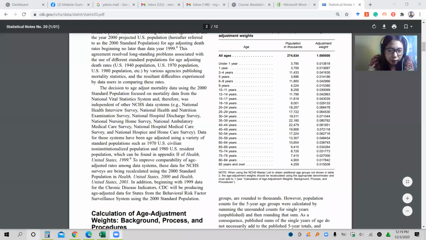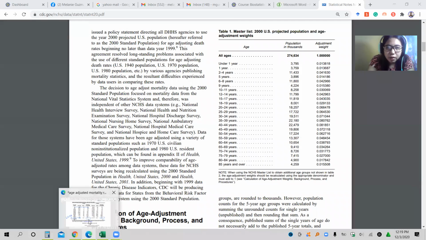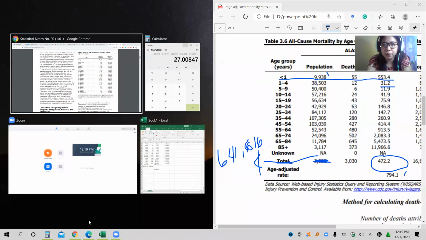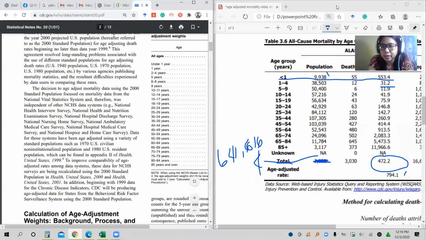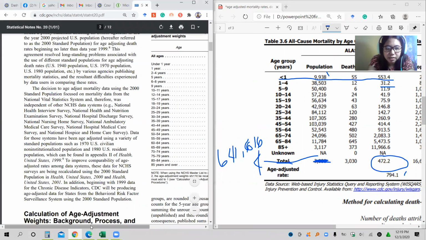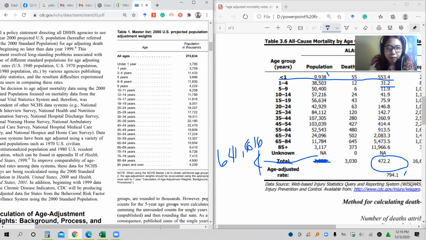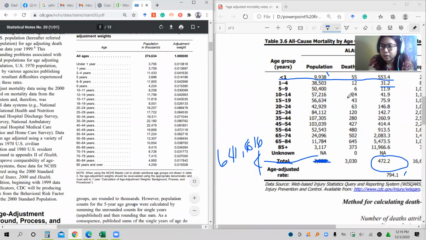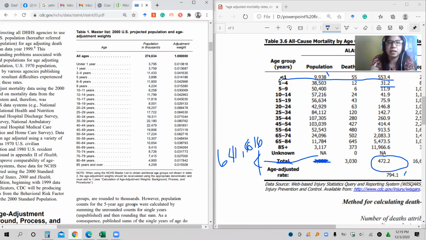So let us go back to our table. As much as we want to compute the values here, it doesn't match. For instance, we have less than 1, we can compute for that value.